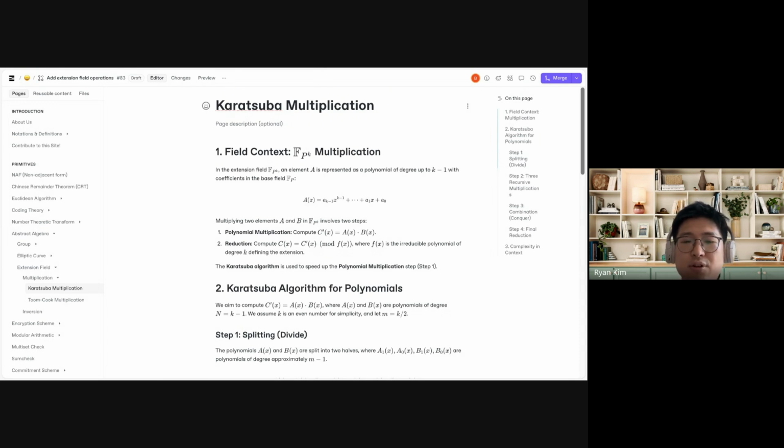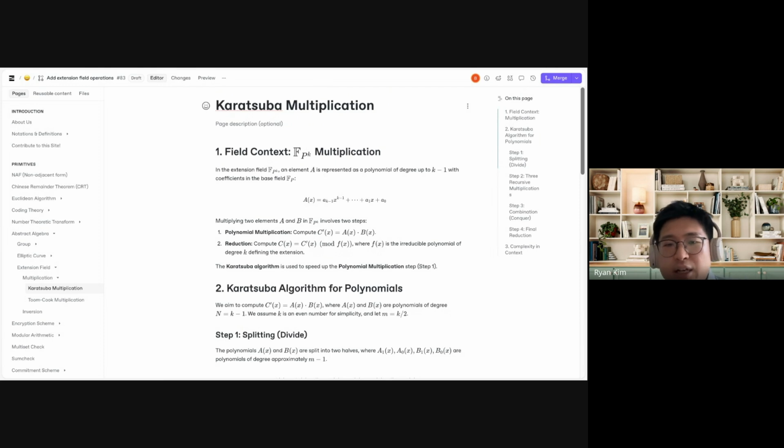If you view multiplication at a high level, it decomposes into two steps. One is polynomial multiplication: we first multiply the extension field elements together in polynomial form, and then we get C prime, and we do reduction modulo f of x.